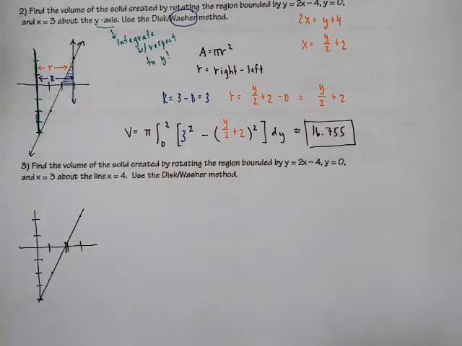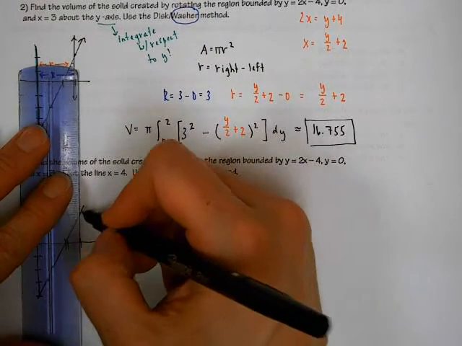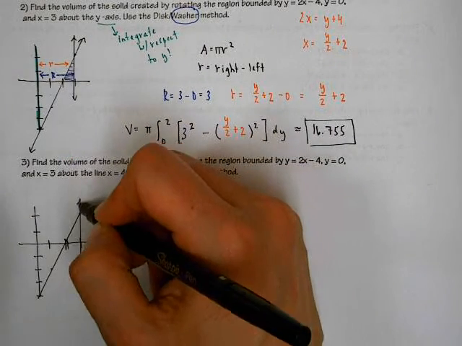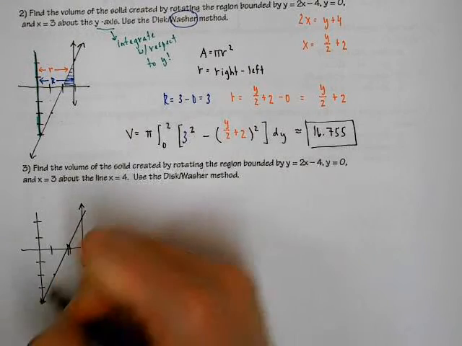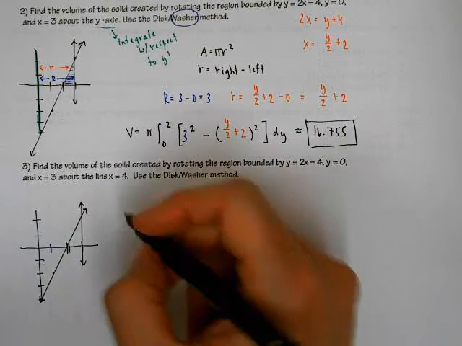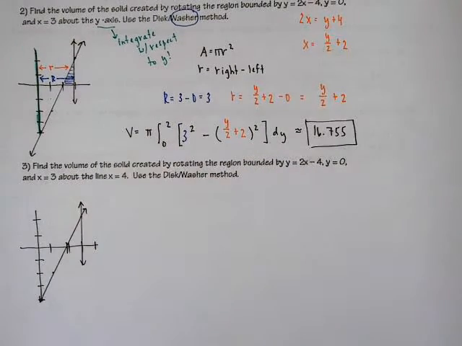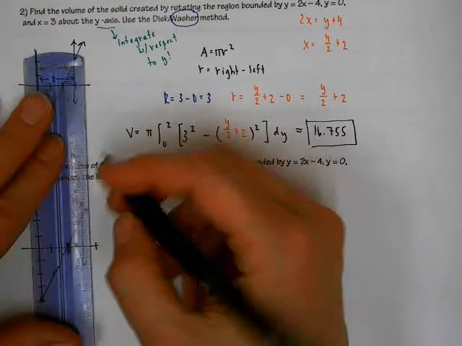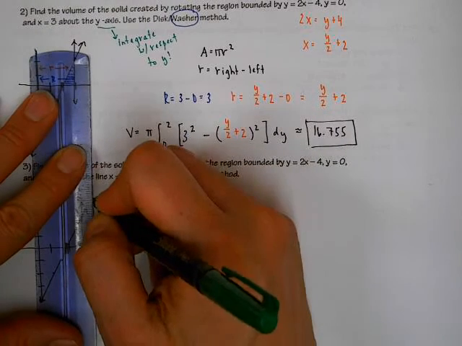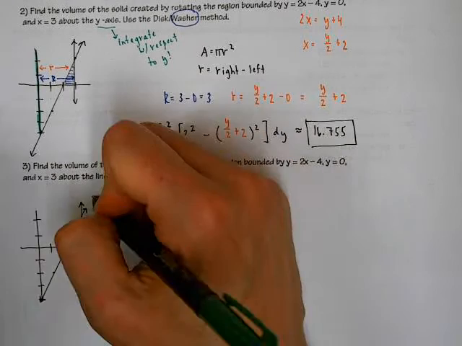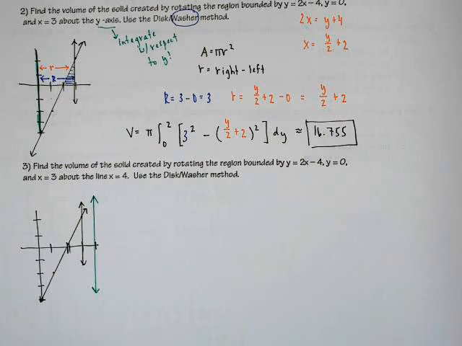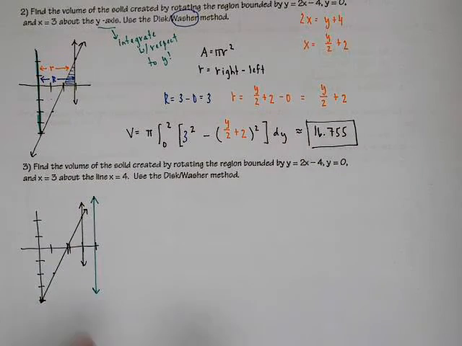Sorry, that's kind of messy. I still have x equals 3. And now I'm revolving about the line x equals 4. So that's my axis of revolution. I'm going to draw it in like this. So I have my region.